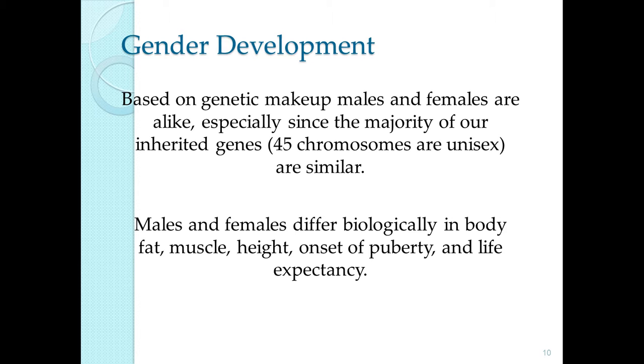Hunters need to be more skilled at being able to track down something. That requires spatial reasoning. Women tended to be the ones that would go out and find food. And so they needed to remember the location of where they might find a good cache of nuts or berries or whatever it is that they're looking for. And so these traits have developed over time, and that's part of why that exists.